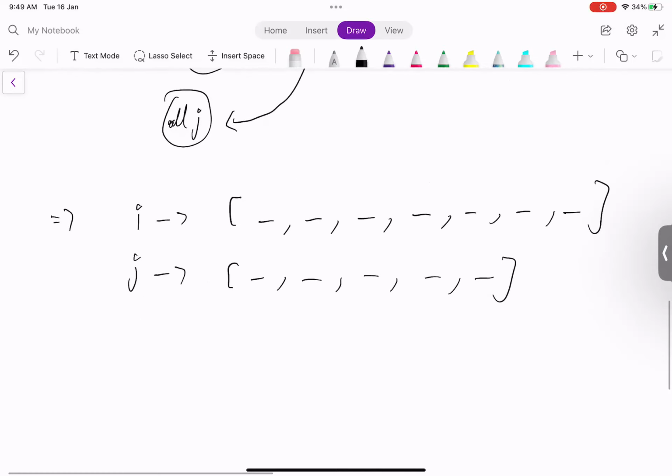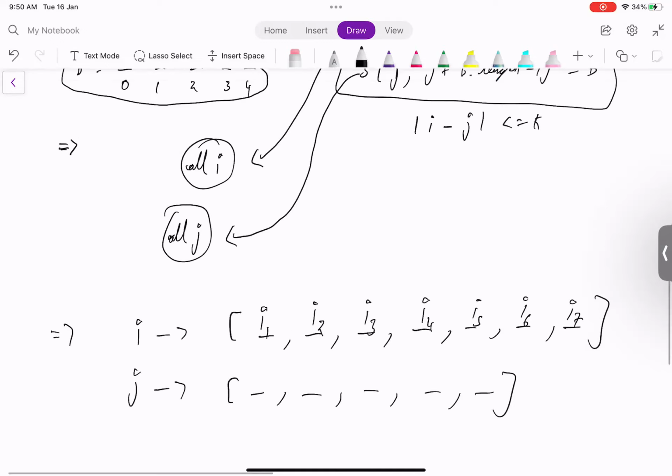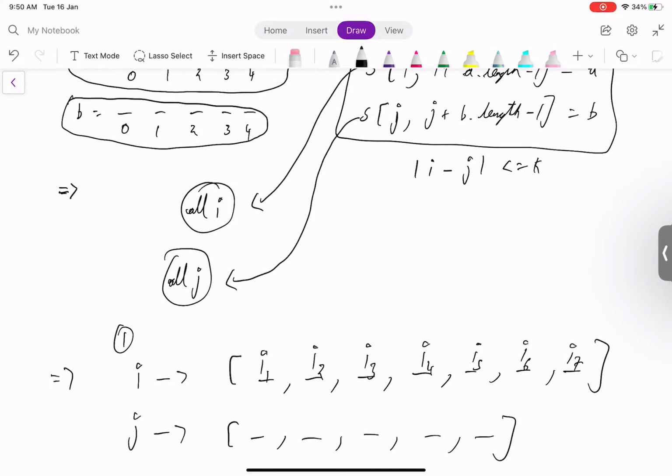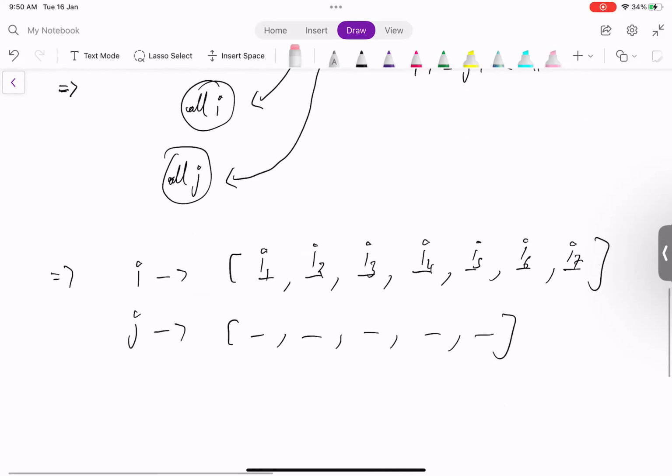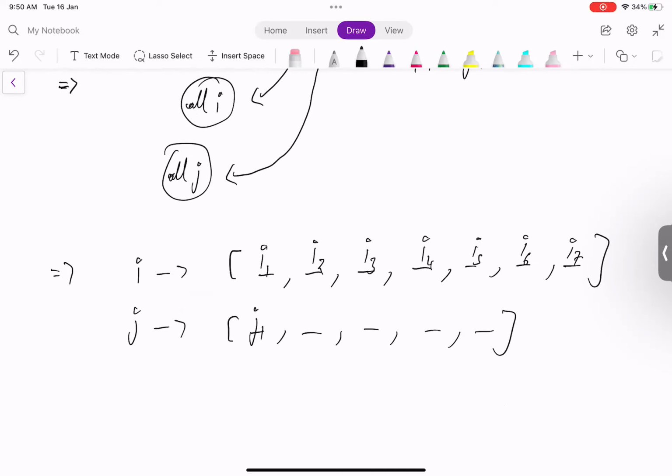So let's say these are some values of I: I1, I2, I3, I7. All these are I indices which satisfy the first condition, and all these are J indices which satisfy the second condition.